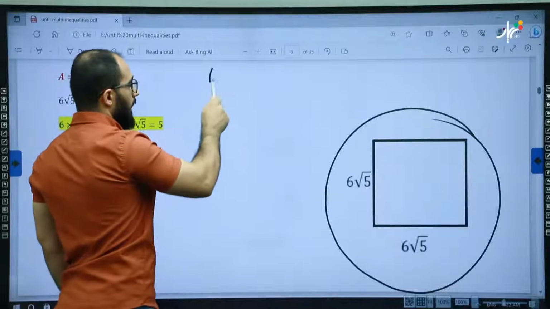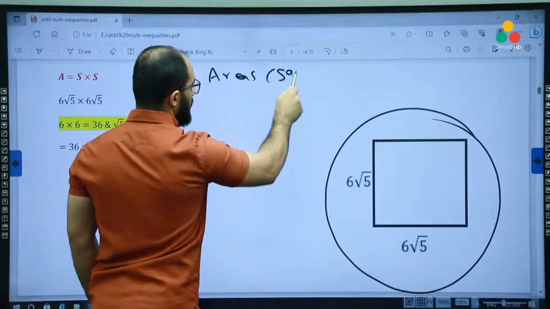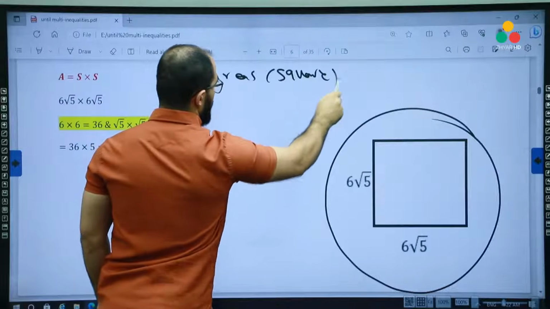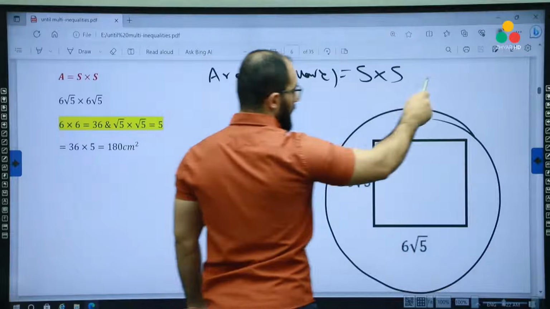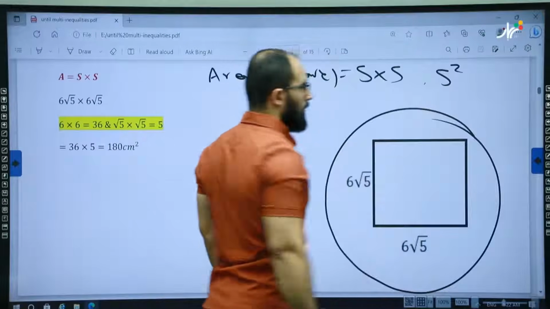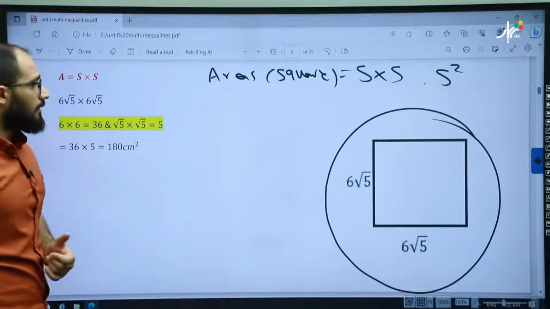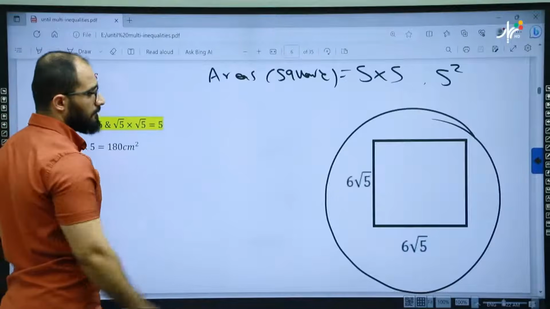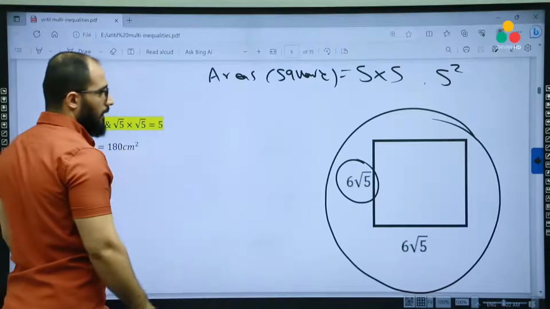Because the area of a square is equal to S times S, or you can say S squared. What is S? S is the side length. So here we have 6 square root 5.